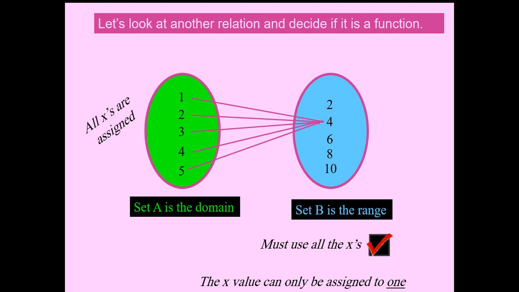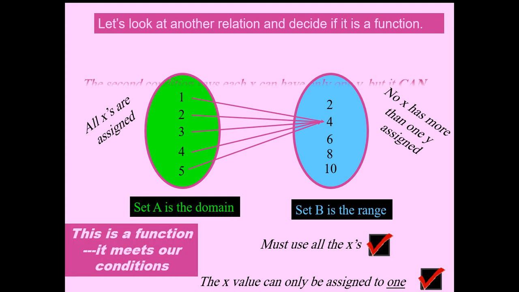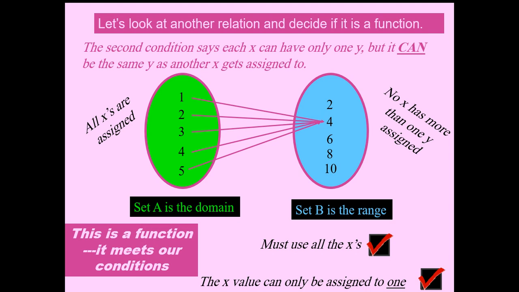Then Miss Mirella said for each x, you need to have exactly one y. 1 has 4, 2 has 4, 3 has 4, 5 has 4. But from each x, one arrow is going. So yes, it's a function. For each x, we have exactly one y. Let's go to another example to see.